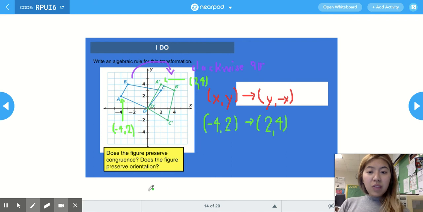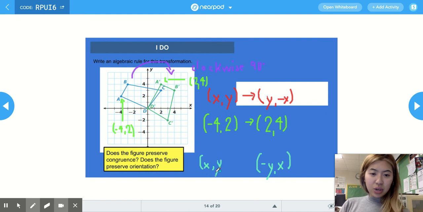90 degrees clockwise. If it were to be counterclockwise, then the rule would be switched. So it would be the negative y, positive x. And that's why it can be confusing, because it depends on which direction you're rotating it 90 degrees. So the rule for rotating it 90 degrees clockwise is going to be x, y to y, -x.